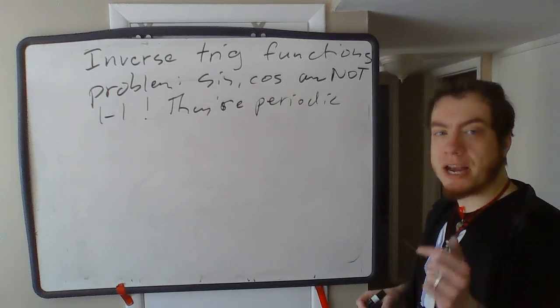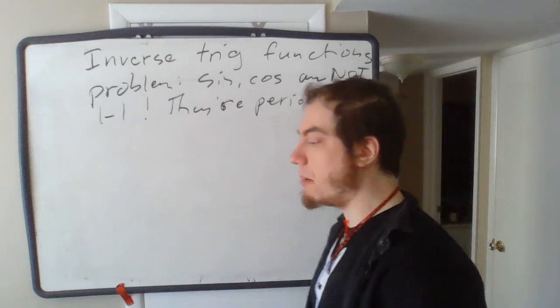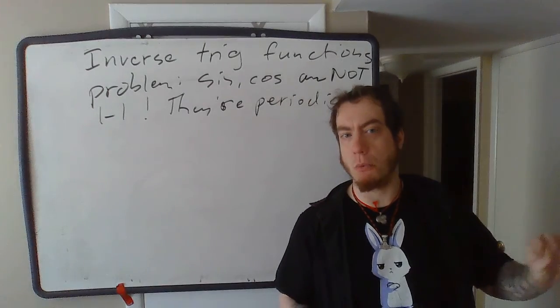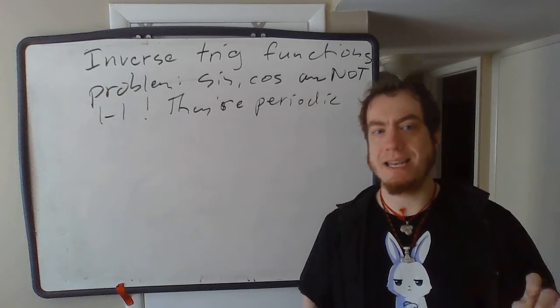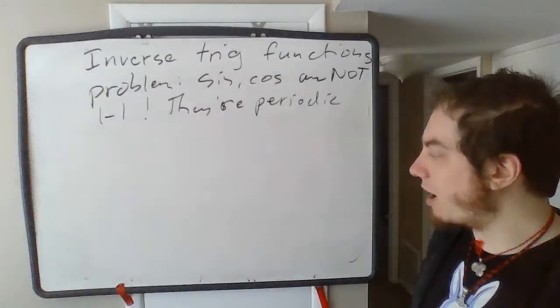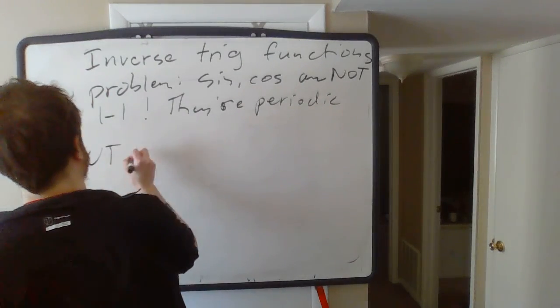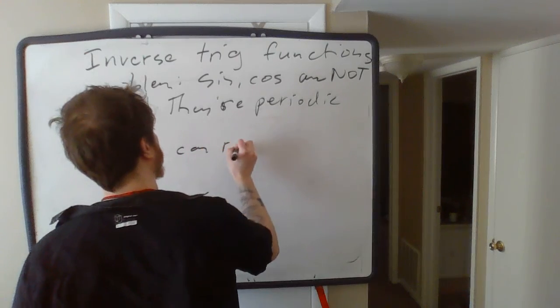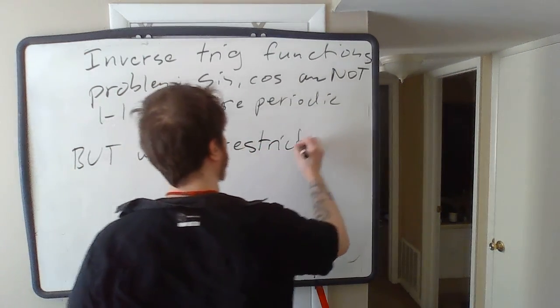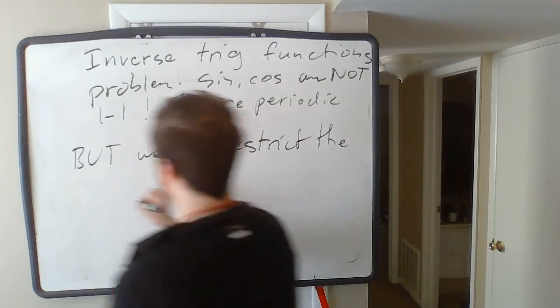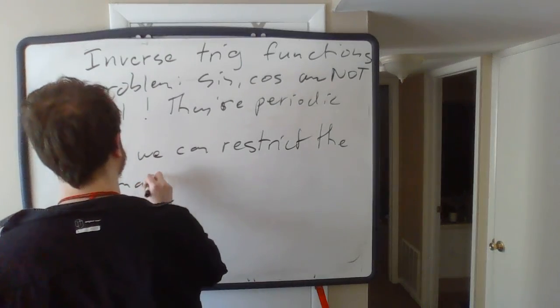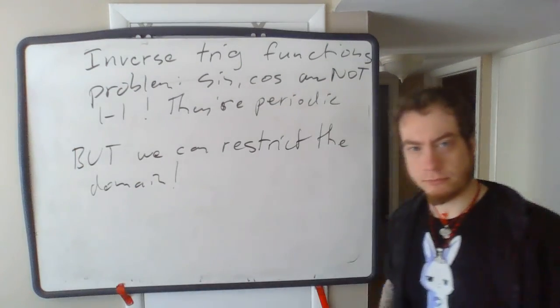Well, there is kind of a standard solution to this problem that we mentioned before when we talked about one-to-one functions. And the standard solution to this problem is we can restrict the domain.